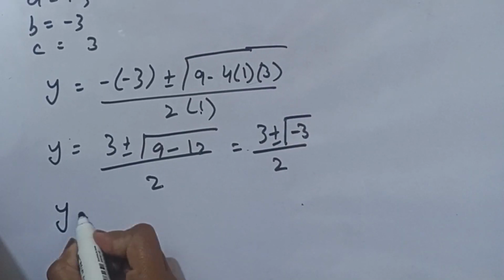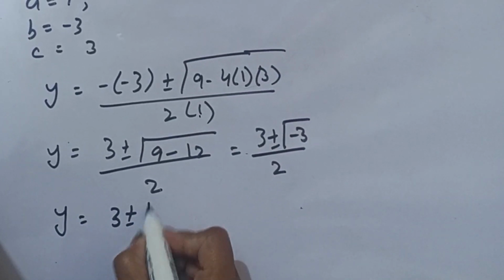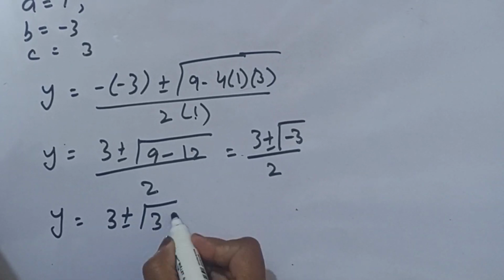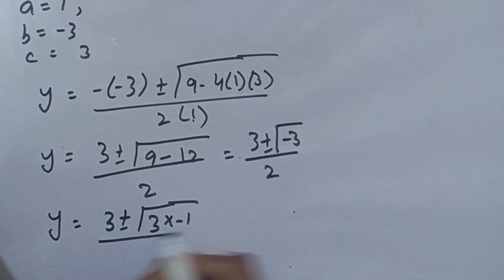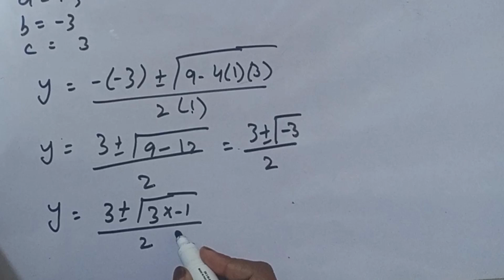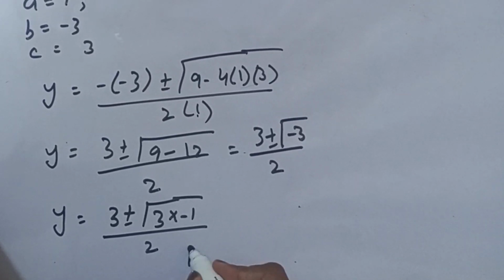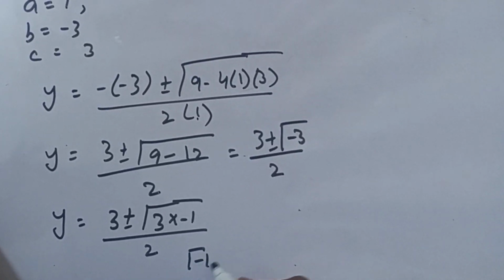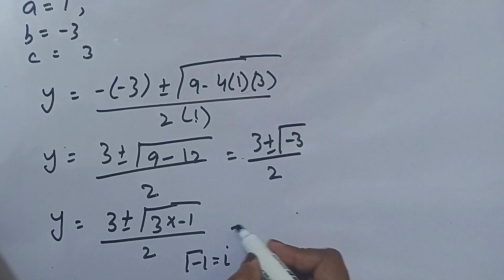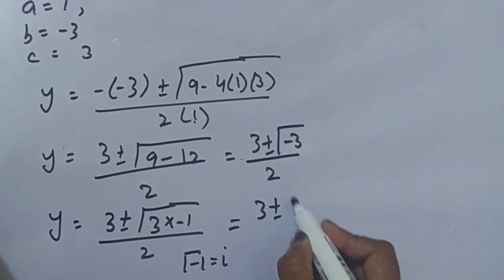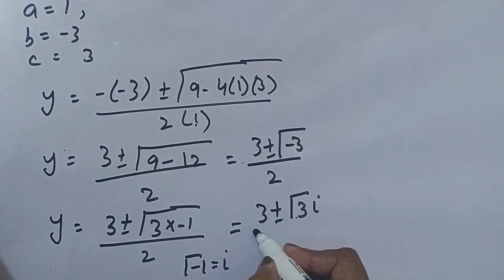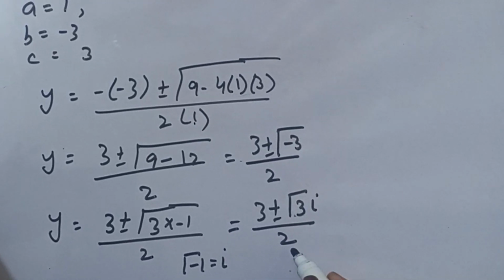We write this as 3 plus minus square root of 3 times minus 1 over 2, and in the next step we know that square root of minus 1 is equal to iota, so we write this value as 3 plus minus square root 3 iota over 2. This is the value of y in our question.